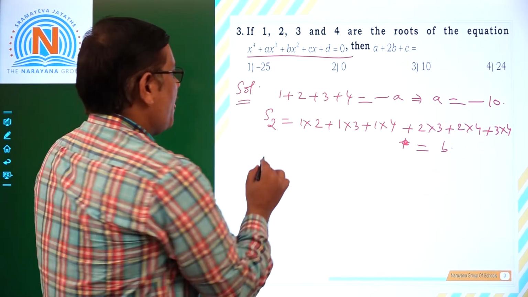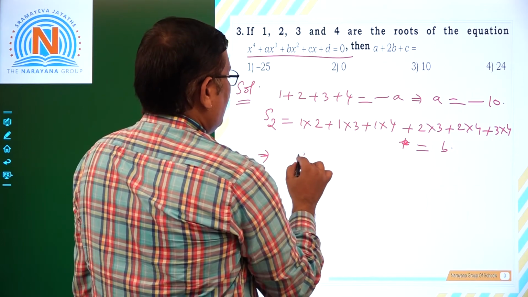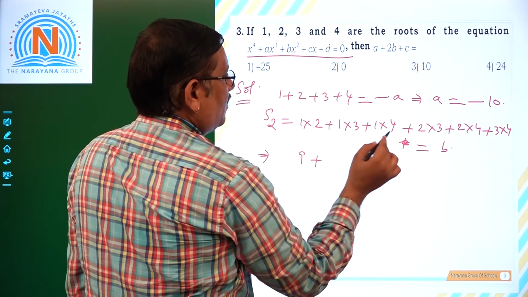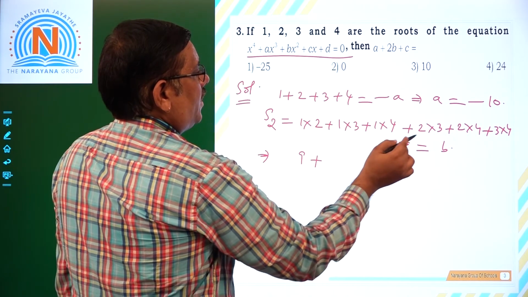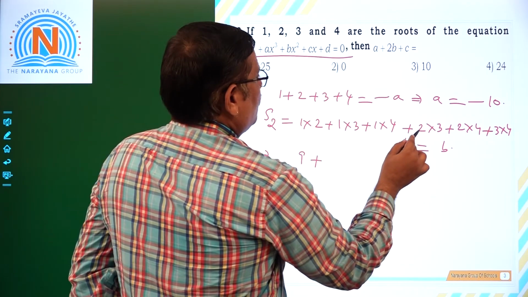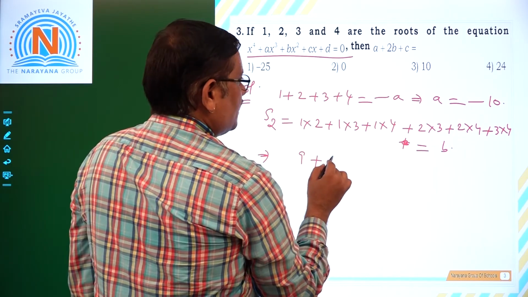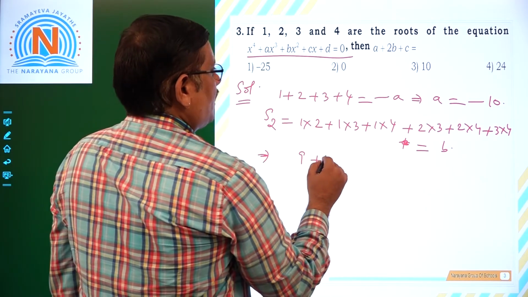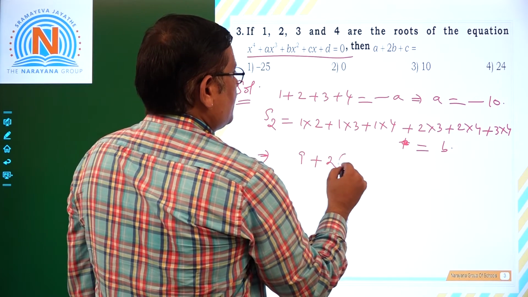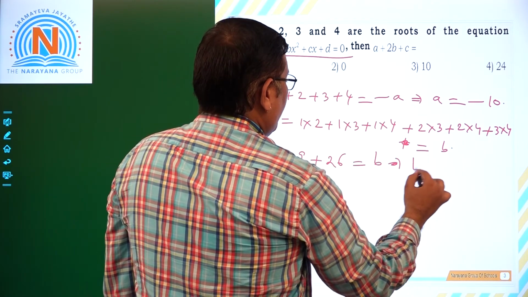Adding all these: 2 + 3 is 5, 5 + 4 is 9, 9 + 6 is 15, 15 + 8 is 23, 23 + 12 is 35. It implies b is equal to 35.